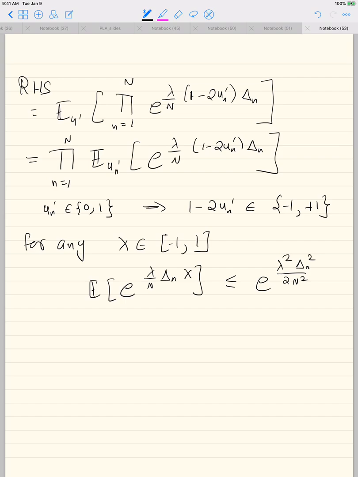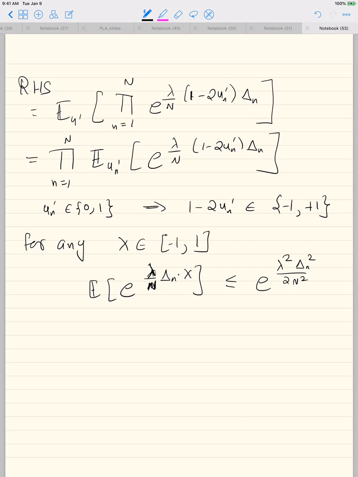It's just saying that for any random variable x between minus 1 and 1, this quantity e to the lambda by n delta n times x can be upper bounded by lambda square delta n square by 2n square. And so we can put that in. So this quantity can be easily upper bounded.